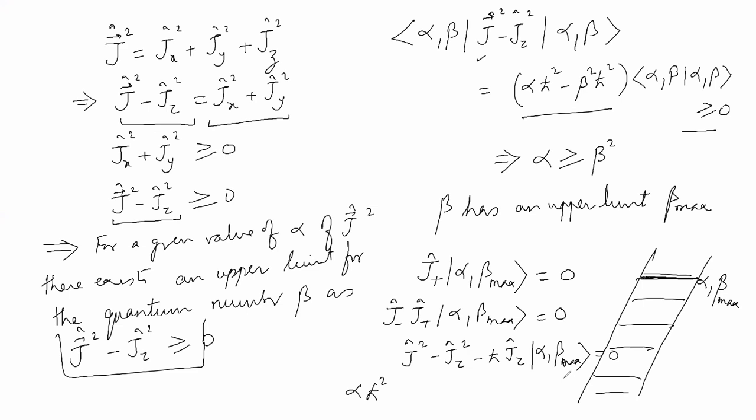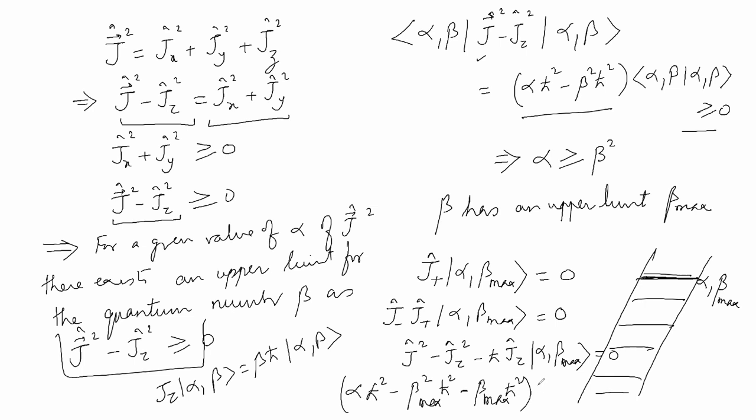Jz operating on alpha beta max will give us beta max h cross alpha beta max. Therefore this will give us beta max square h cross square minus beta max h cross square, times alpha beta max, is equal to 0.